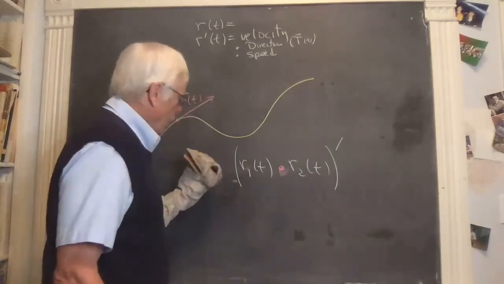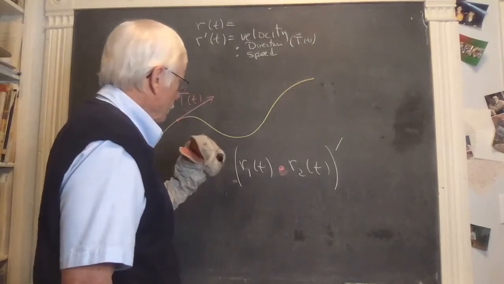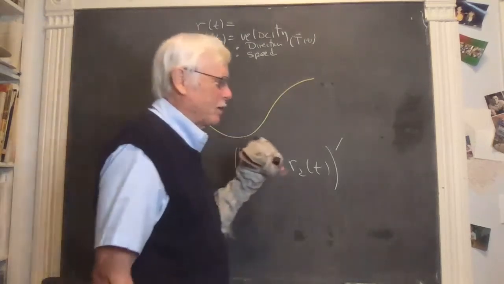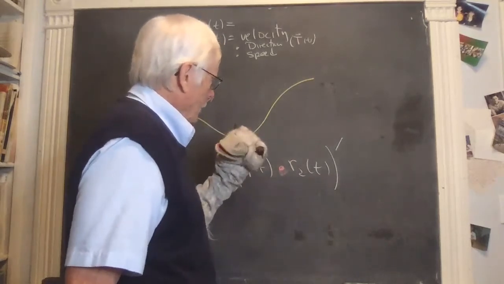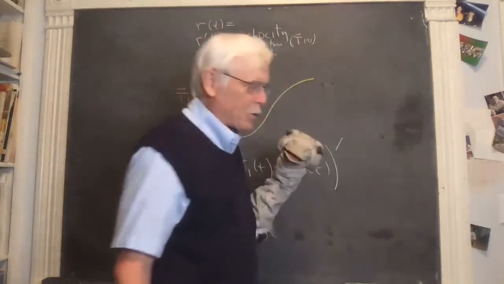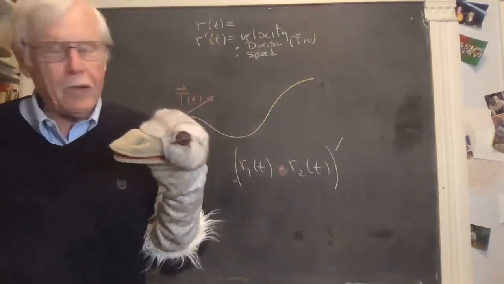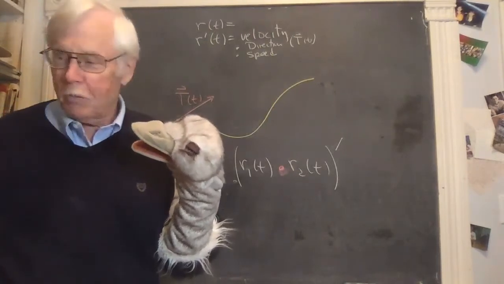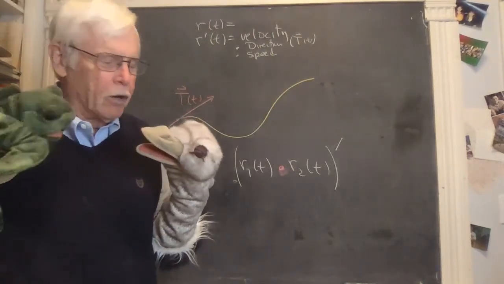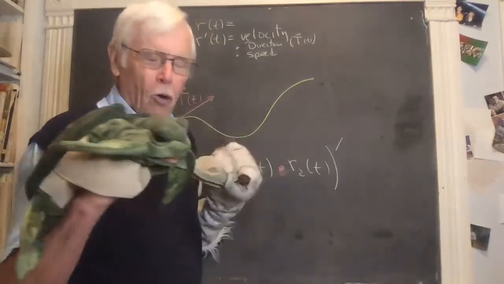Do you remember the product rule, Snow? I'm a goose. I know you're a snow goose, but we talked about the product rule. I have a small brain. Yeah, I know, but do you remember the product rule? Like the derivative of the first, I remember we talked about it. Times the second. Yeah, that's it. That's it, Ohm.